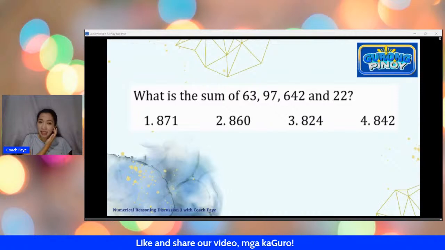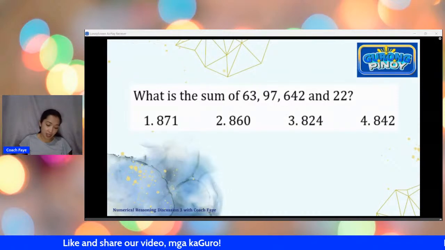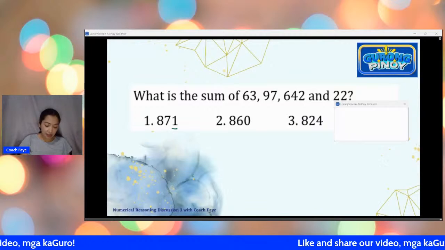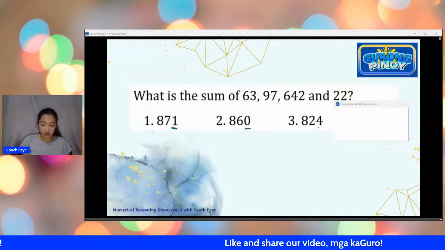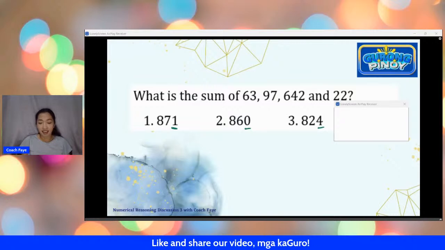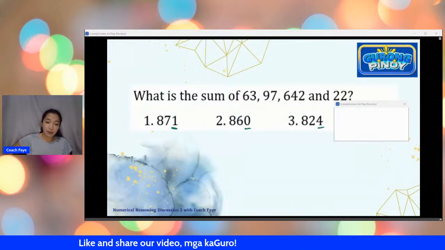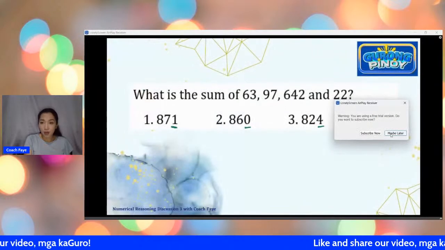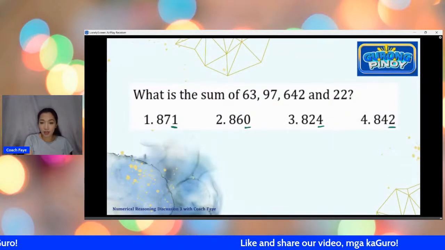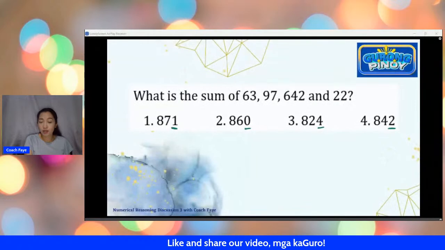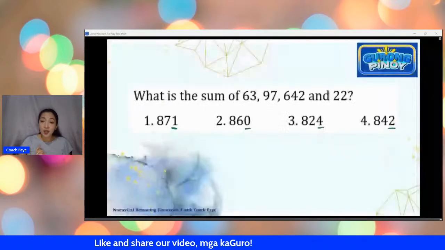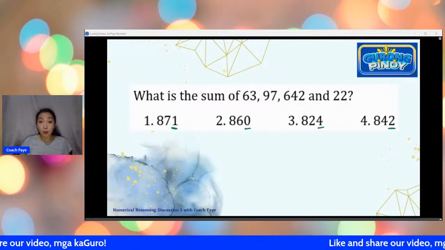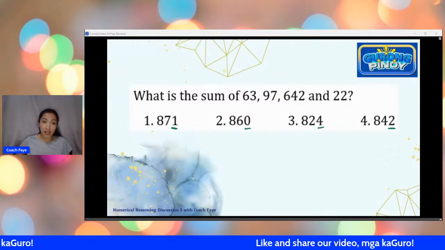So, why am I saying na I don't have to solve it completely? Kasi po, your last digits are different. Sandali. Magkakaiba po yung last digit natin. Ano pong ibig sabihin nun? Actually, you just have to solve one part of this. You can just solve the last digit and then pwede nyo na po siyang ma-check kung tama po yung answer ninyo.